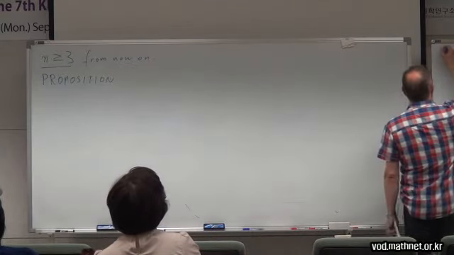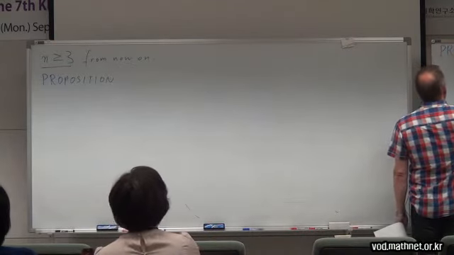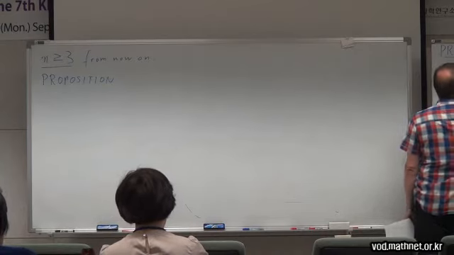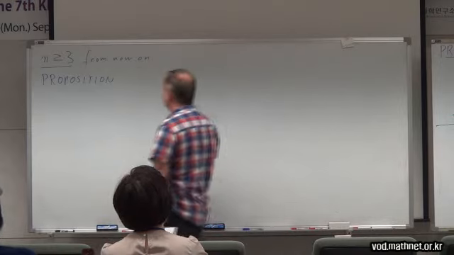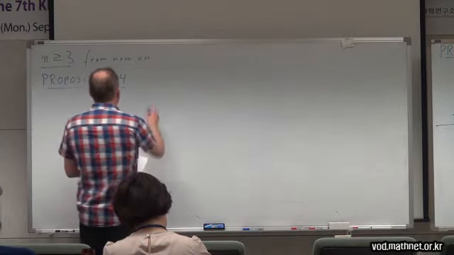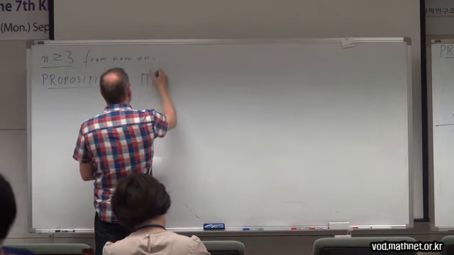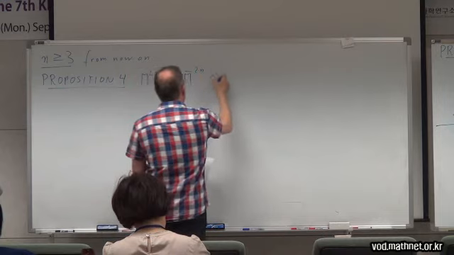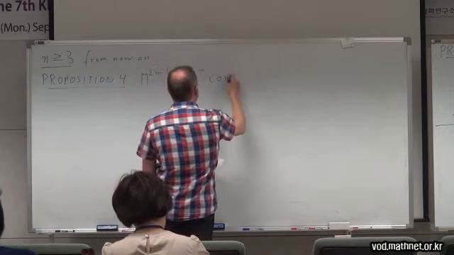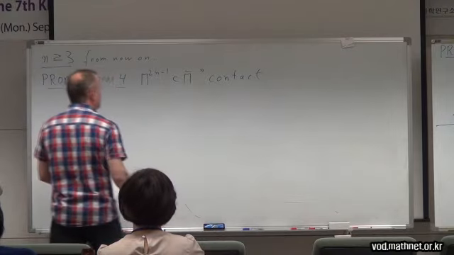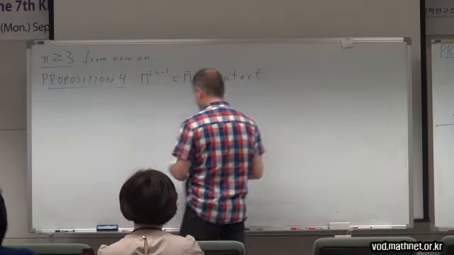Well, let me call this proposition 3, because that's a general statement, proposition 3. That holds for any contact hypersurface here, and that's proposition 4. So assume this is a contact hypersurface.